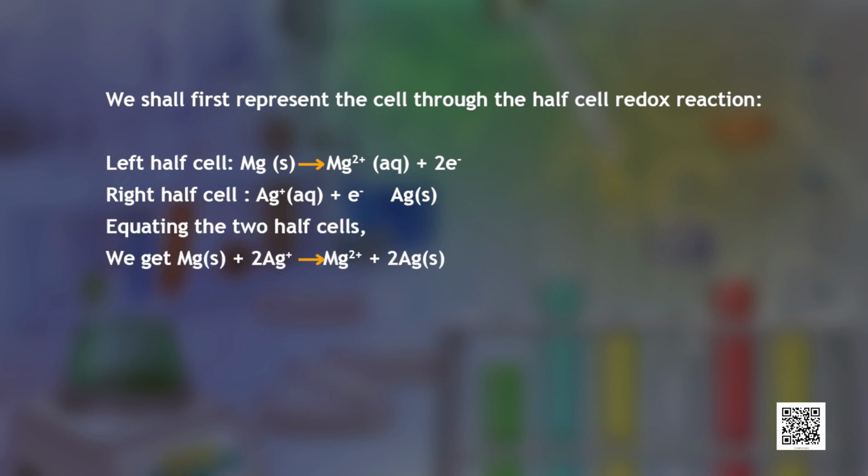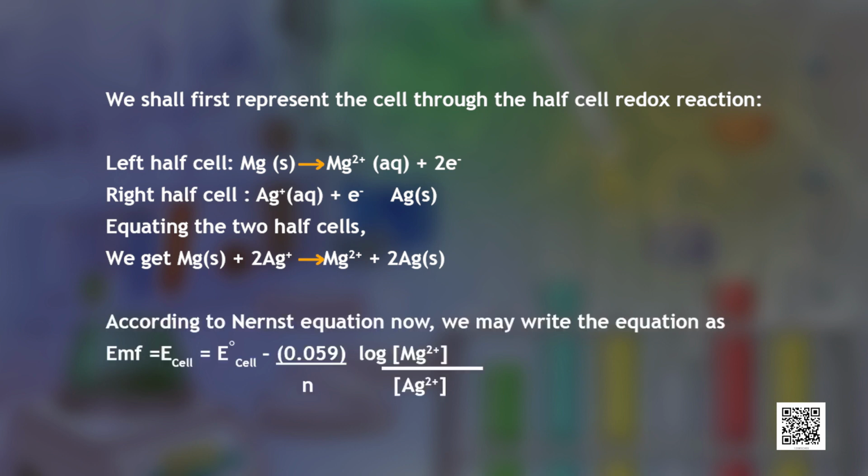Equating the two half cells, we get the reaction as magnesium plus 2 silver ions gives magnesium ions plus 2 silver. According to Nernst equation now, we may write the equation as EMF is equal to E cell is equal to E naught cell minus 0.059 upon N log concentration of magnesium ions upon concentration of silver ions to the power 2.